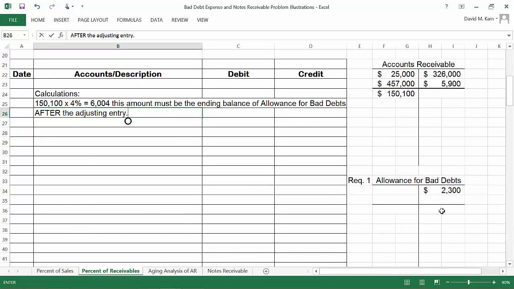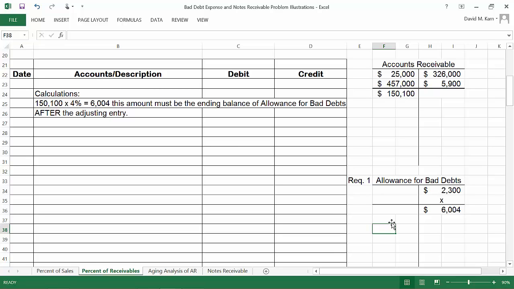So it tells us that it's 2,300 credit to start. So we have to have a 6,004 ending balance. Basically, you could put X there because the X figure is the amount of our adjusting entry that we have to make.